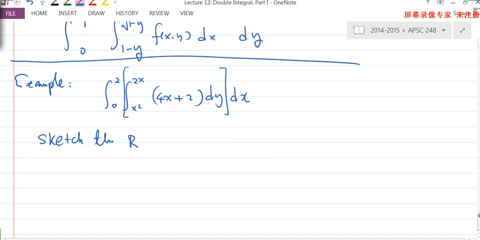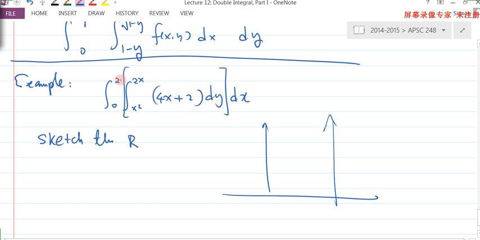So in this particular case, when you draw the arrow line in the positive y direction, the line first bumps into this, and then the second contact of the arrow line is this. So you need to draw this curve and this curve.